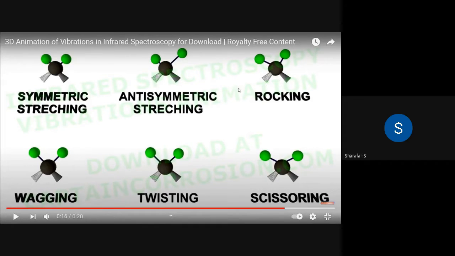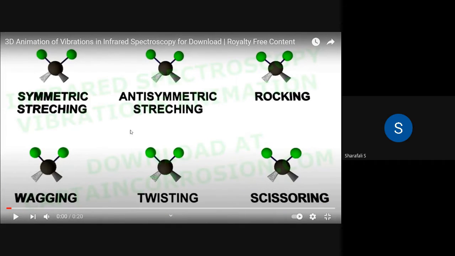So such kind of stretching is called anti-symmetric stretching. And we have other vibrations: rocking, and then wagging. You can see this again. So these two are stretching, and these are rocking, wagging, twisting, and scissoring. These depend on their angle.